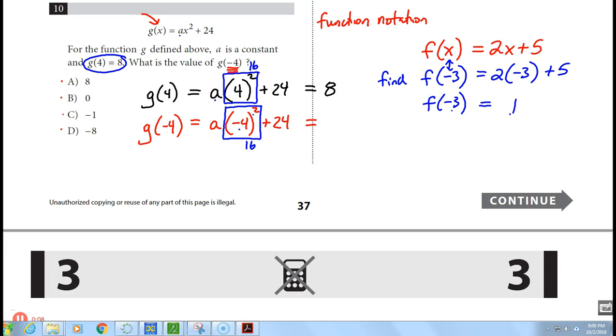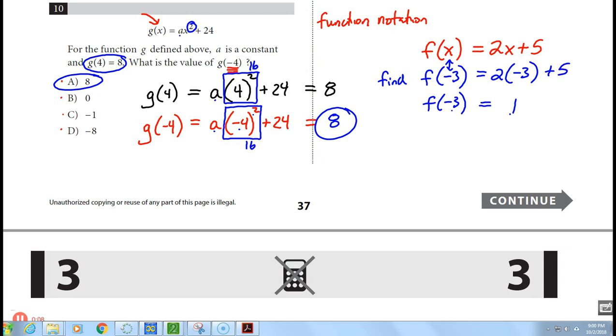So as long as a is the same, which they said it's a constant, I'm still going to have 16a plus 24 and 16a plus 24, which means the answer should be the exact same regardless of whether it's 4 or negative 4, because of this squared here. That was the big idea they were trying to test.